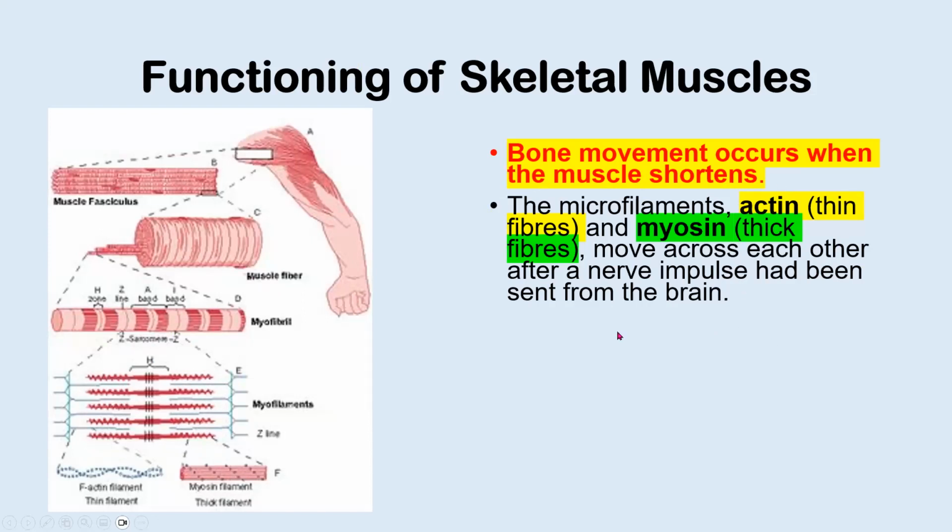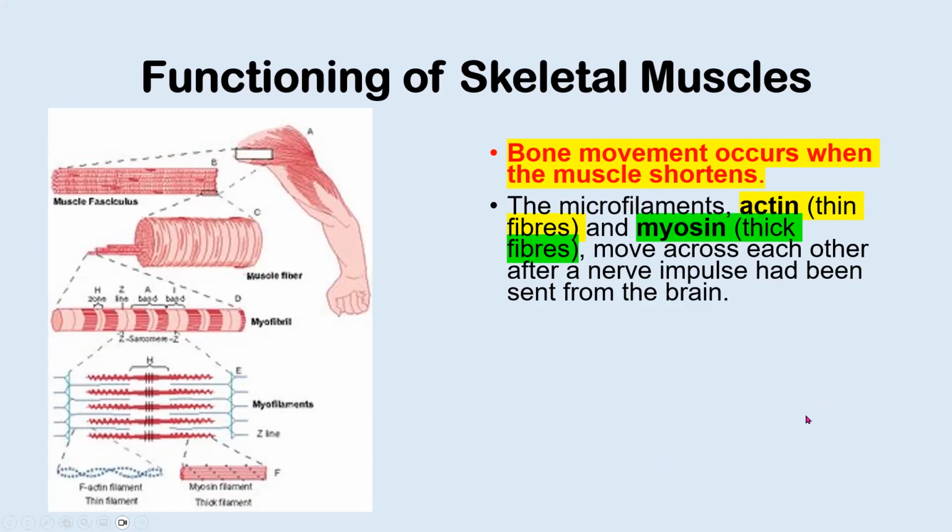So actin and myosin. Actin is the thin one. Myosin is the thick one, and they move across each other, and they just shorten the muscle. But it's all controlled from the brain by a series of nerves, because everything you do in this regard is voluntary.